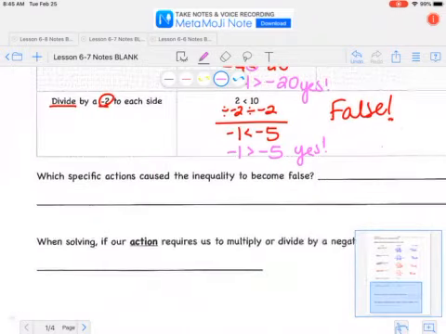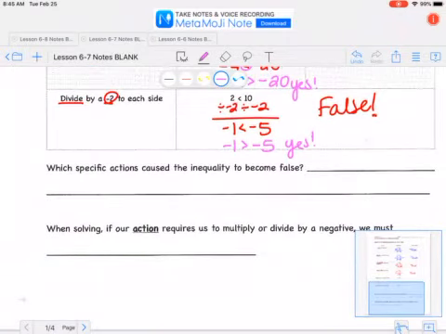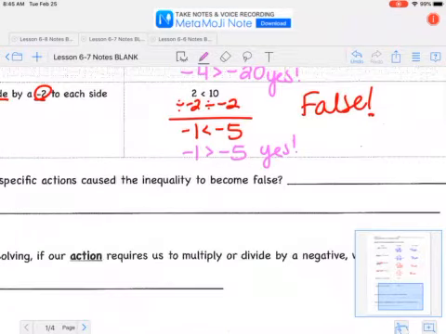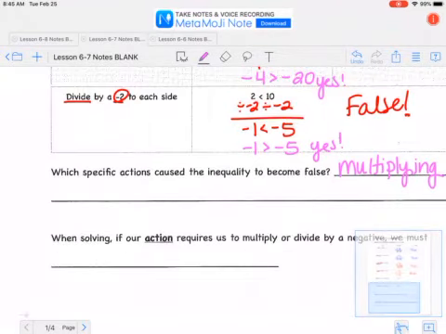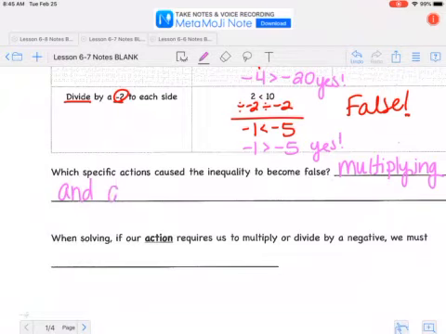Okay, so it says, which specific action caused the inequality to become false? Well, the specific action would be multiplying and dividing by a negative.